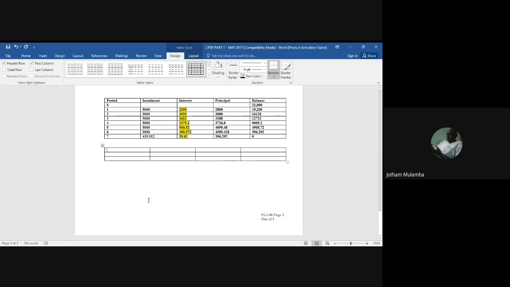Insert a table. So we'll have period. We'll have here cash flow. We'll have PVIF at what percent? 8%.